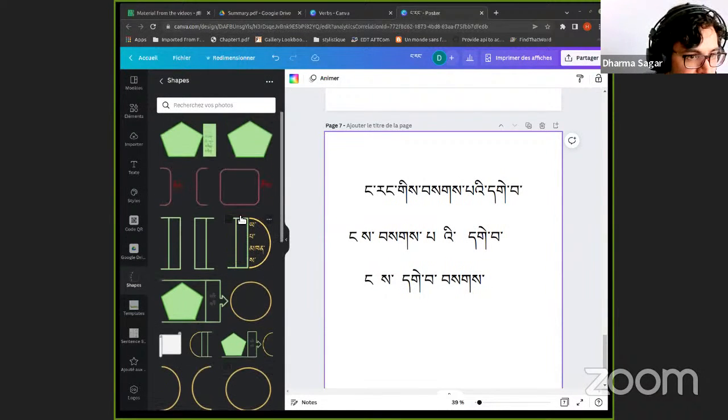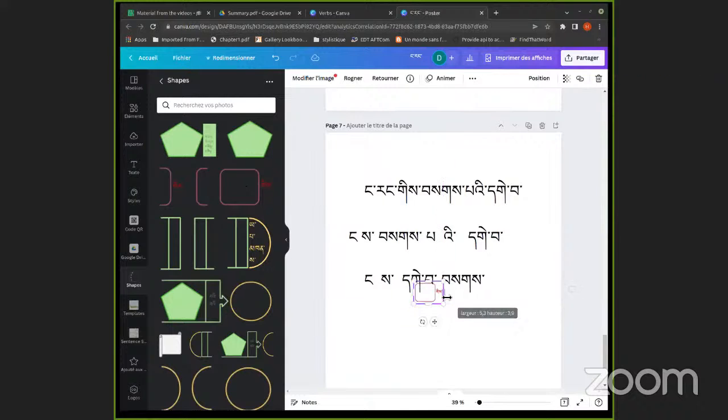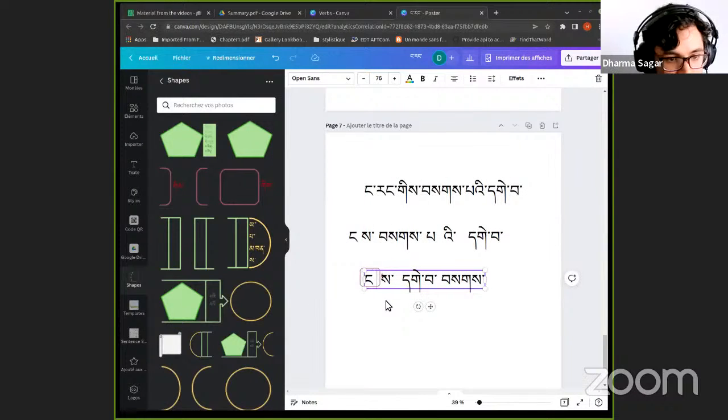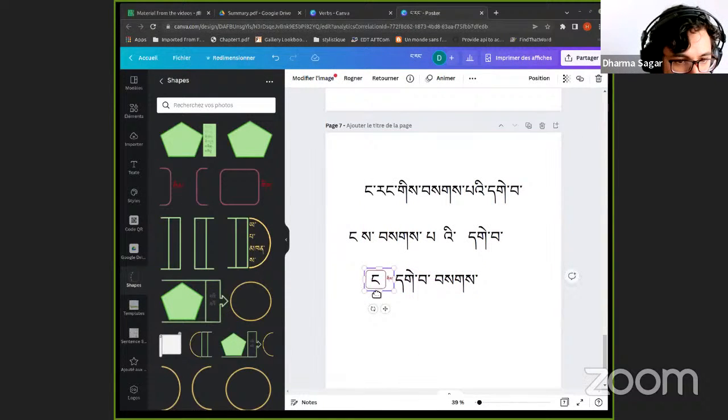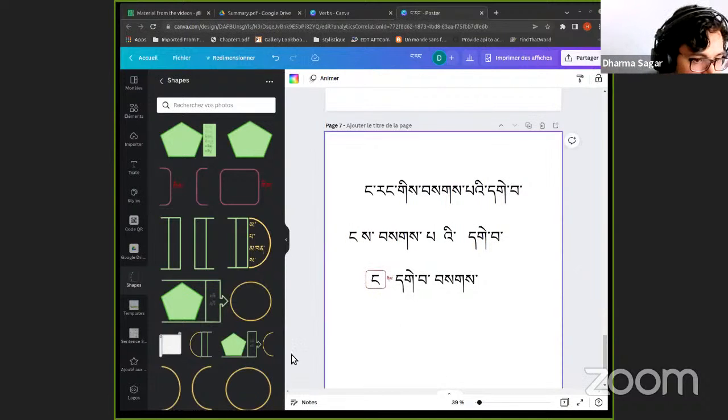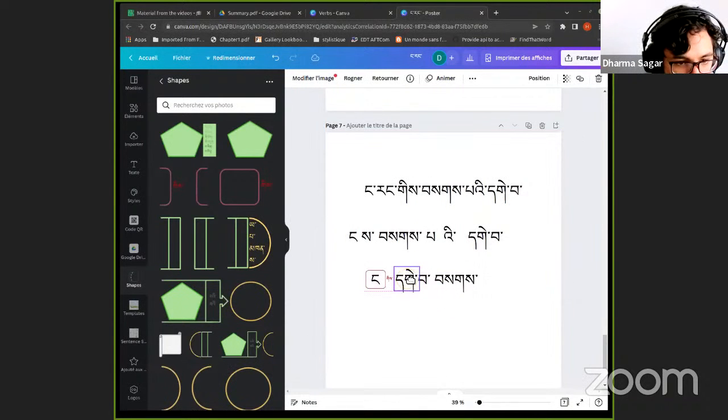Something, key. And then the object is here. Okay. Let's make it bigger also.